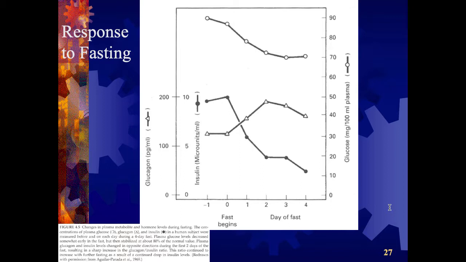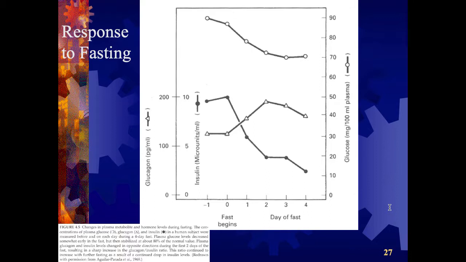So how's the body doing this? Hepatic glycogenolysis. Hepatic gluconeogenesis. Hepatic glycogenolysis and hepatic gluconeogenesis are what are keeping that blood glucose from dropping farther.